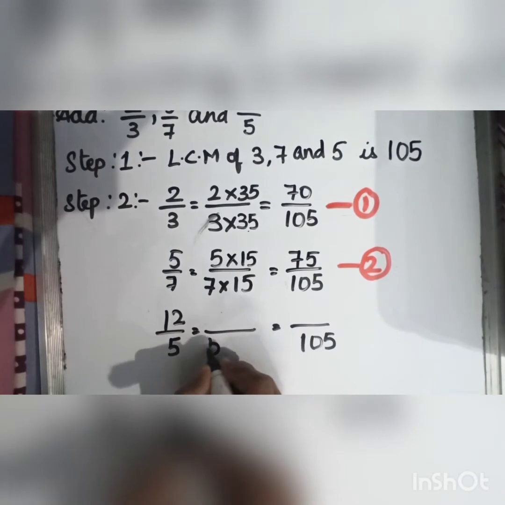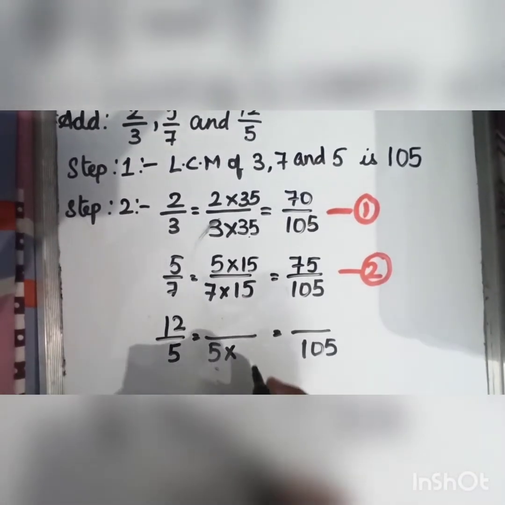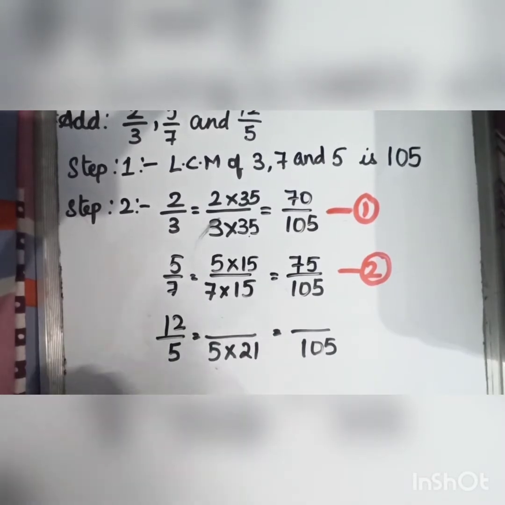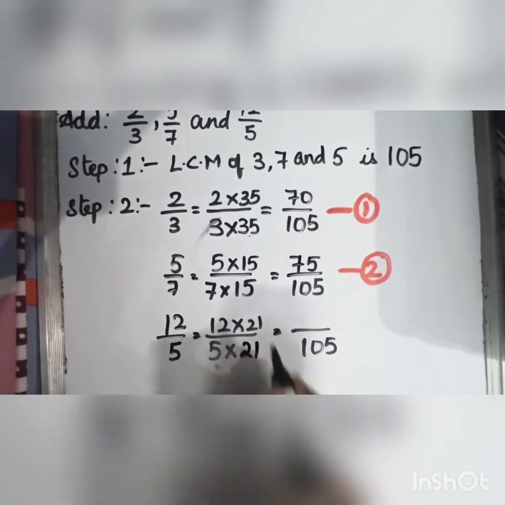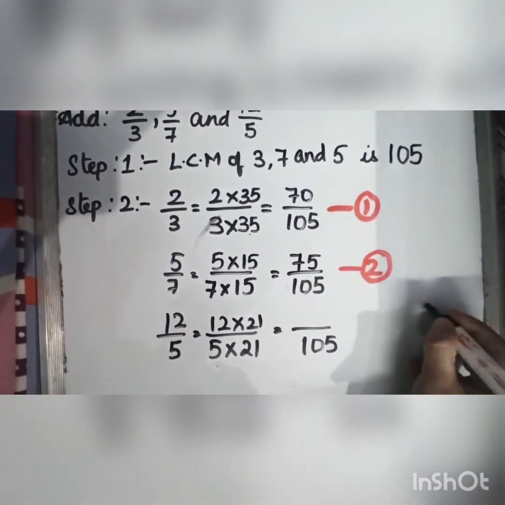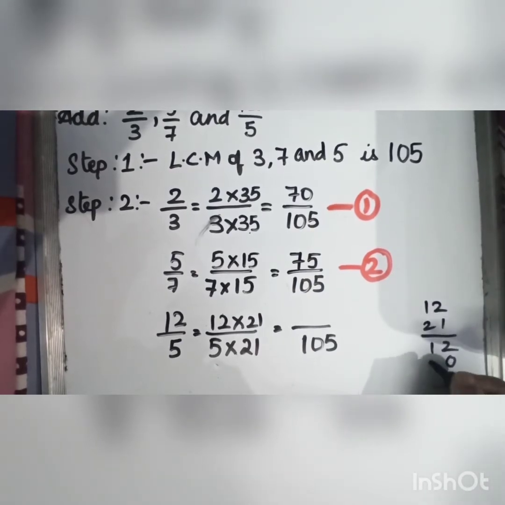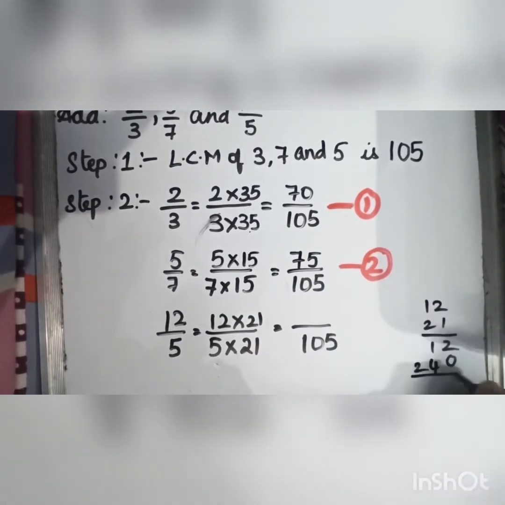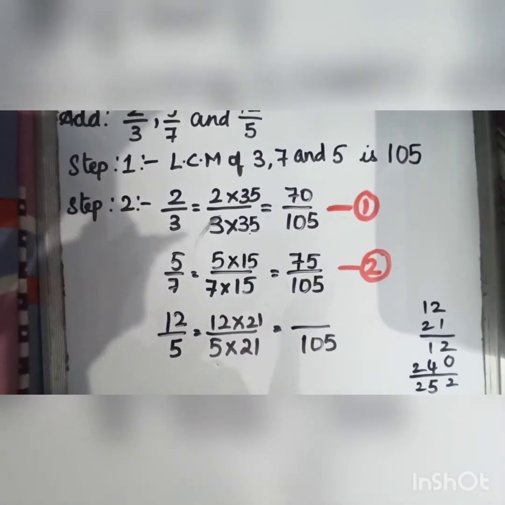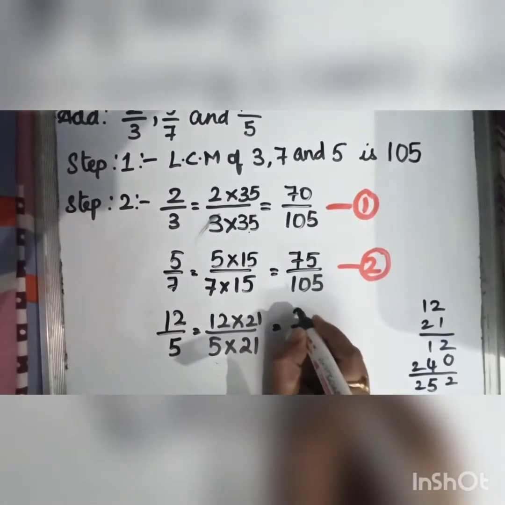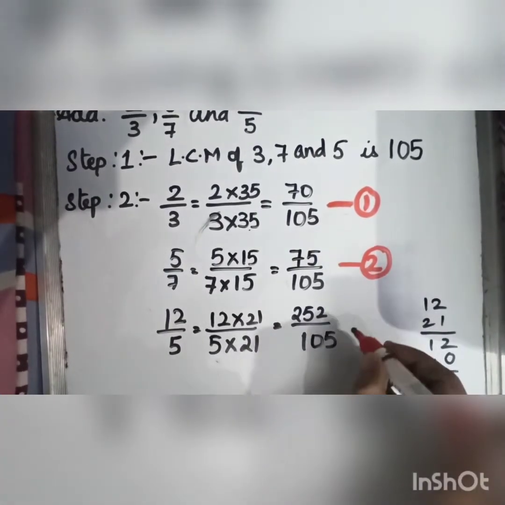Now 5 into what is 105? 5 into 21 is 105. So 12 should also be multiplied by 21. 12 into 21 is how much? We do it in the rough column and we write the answer here. So we get the third fraction.